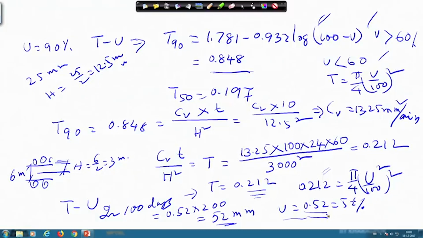So, 52% of 200 is 104 millimeter. So, this is the answer.